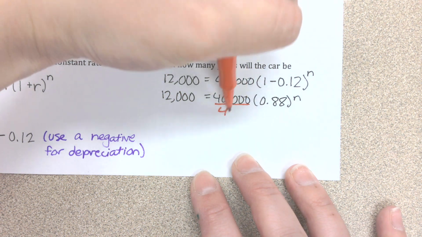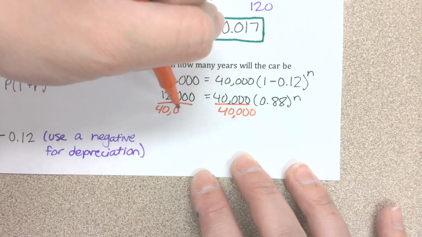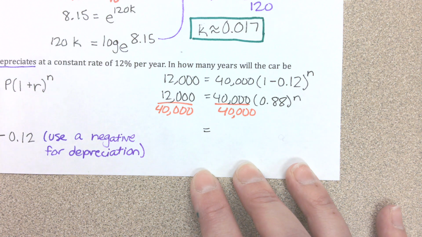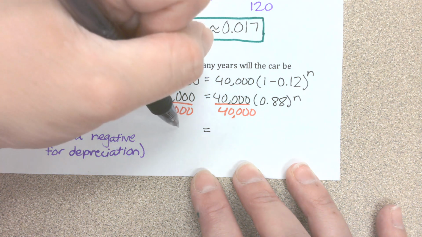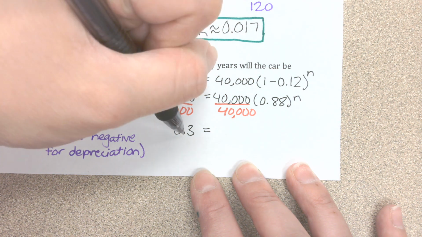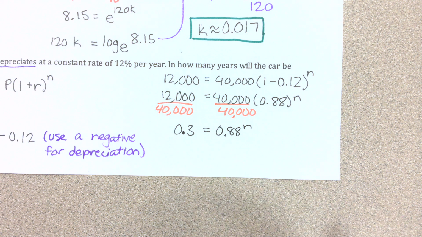Divide by 40,000 on both sides. $12,000 over 40,000, that is just 0.3. No rounding there. Equals 0.88 to the nth power. You can drop the parentheses if you like.